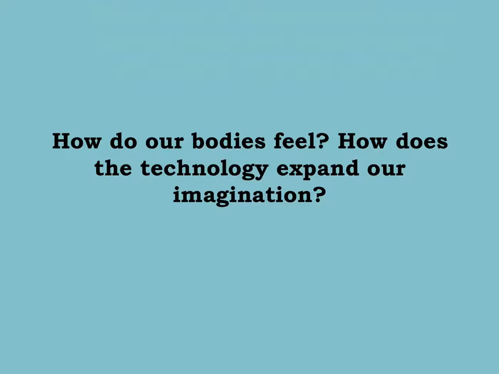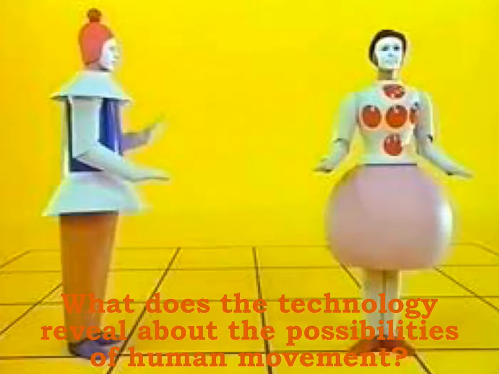And then finally, what does the technology reveal about the possibilities of human movement? Here we have the gorgeous Oscar Schlemmer's Triadic Ballet. I love that. Take, for example, a projected image representing a dancer with bird wings. What kind of embodied responses do we have? And what is the shape of what we call kinesthetic empathy?